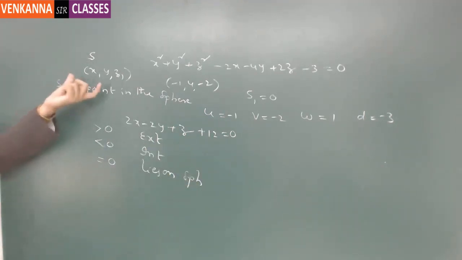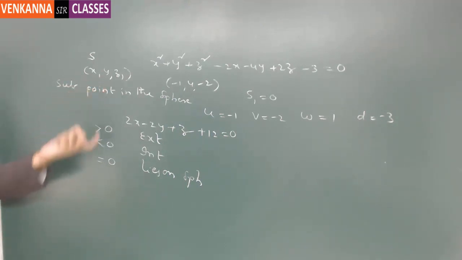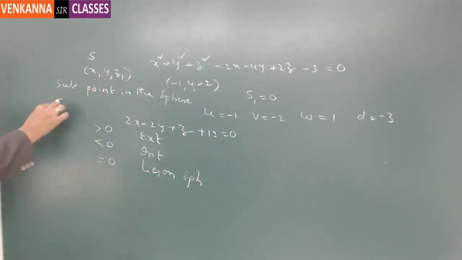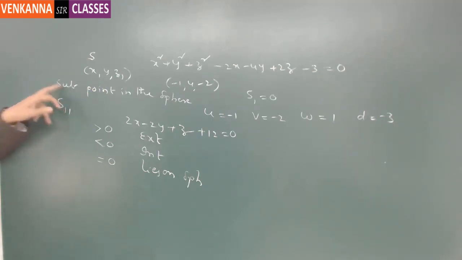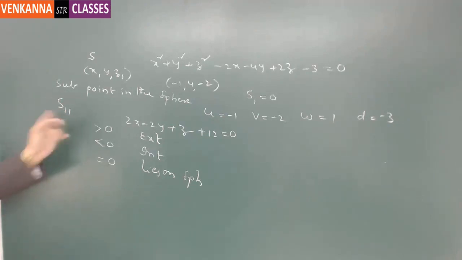And the value you get after substituting, we generally denote with S11. This notation tells us that you are substituting a point in the sphere S, and this is the result. The value after substituting the point in a sphere equation is nothing but S11. It may be a positive number or a negative number or equal to 0. Fine. Please take a note of that.